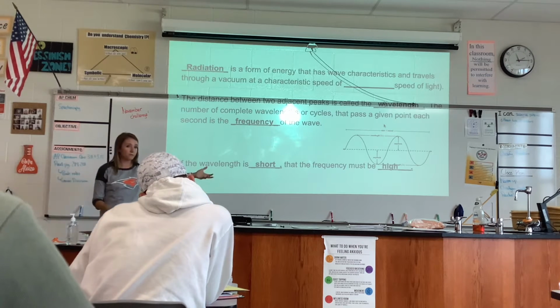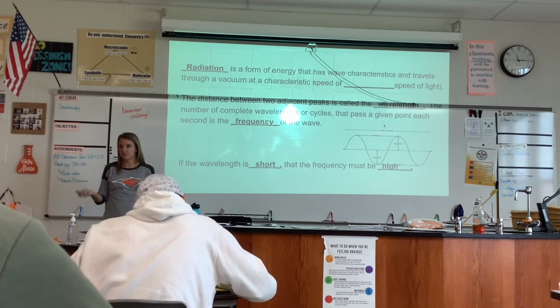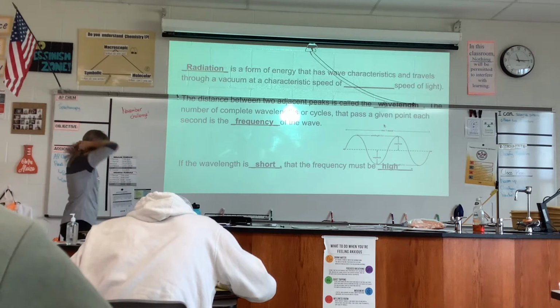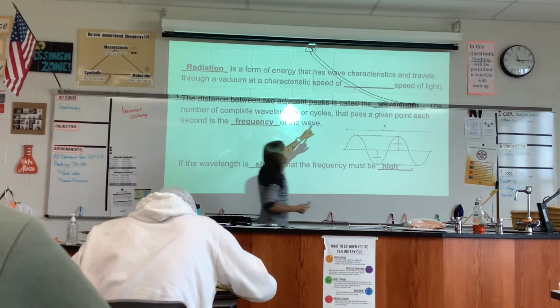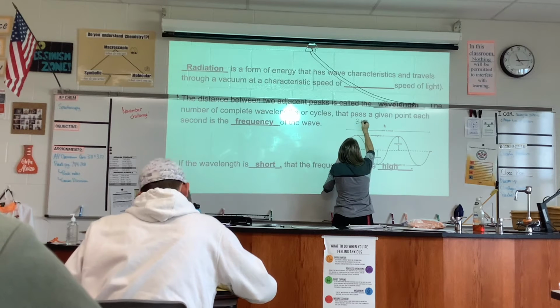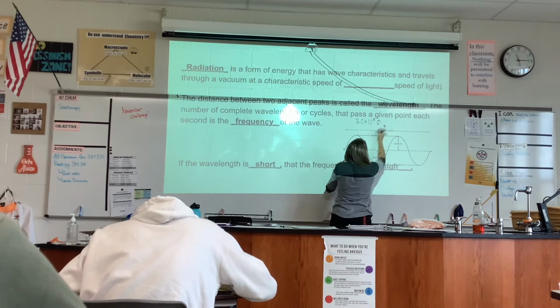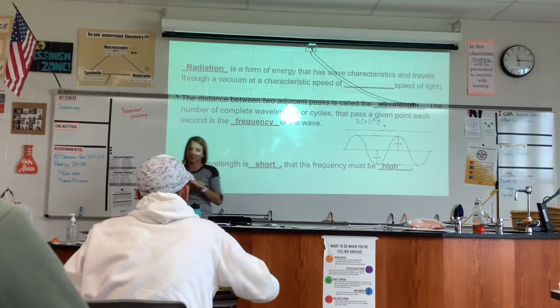Now, there are harmful radiations, but there's also a lot of radiation that does nothing to us. And we'll look at the whole spectrum in a second. All radiation travels at the speed of light, which is 3.0 times 10 to the 8 meters per second. So that's how fast light travels.